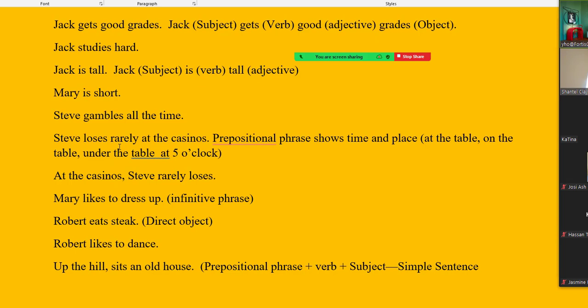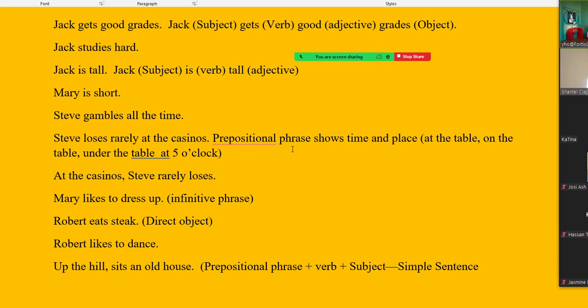Anything that ends in -ly is an adverb because adverbs modify verbs. So what is he doing that's rarely? He's losing rarely. So rarely modifies losing. So Steve is the noun, loses is the verb, rarely is the adverb, and then at the casinos. Casinos is the object, but the object of what?